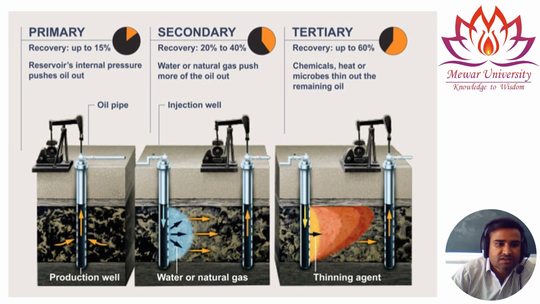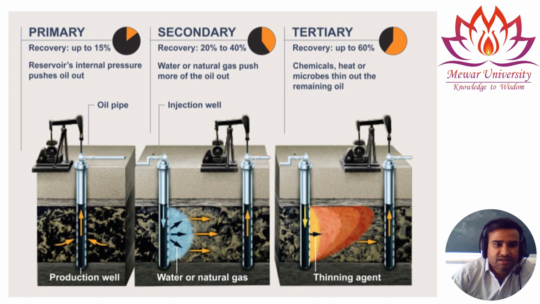And once you do some other operations, you want to recover more, you want to increase your recovery, then you have to use some thinning agent or some chemicals, polymers, to recover the oil.